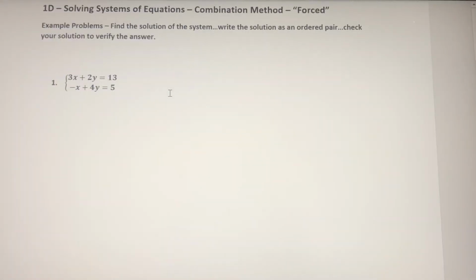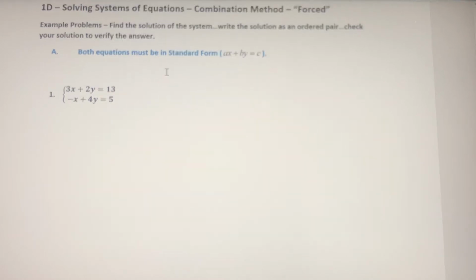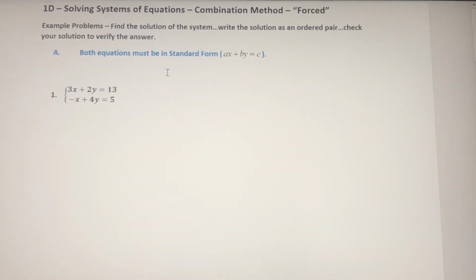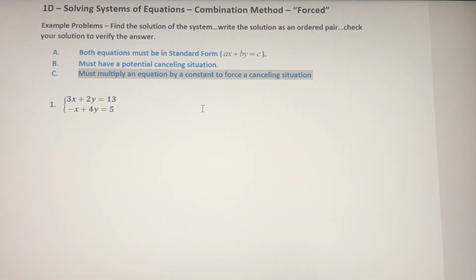So let's go through the steps here. First off, we want to make sure our equations are in standard form, just like we did in the previous set of notes. We've got to have a canceling situation, just like we talked about in the previous set of notes. In this case, you're going to have to multiply one or both equations by a constant to force that canceling situation.